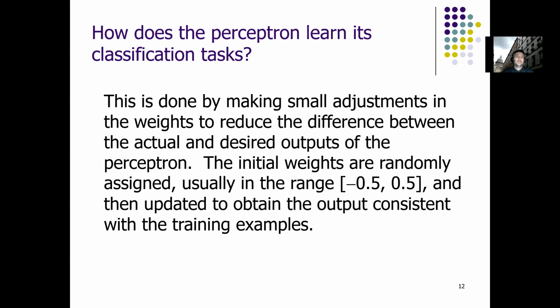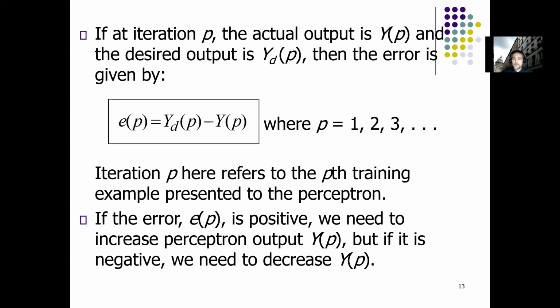So the whole idea of the perceptron, of this simple model, is to learn from the data, and this is achieved by making small adjustments to the weights. The weights are initialized in the beginning to values in an interval, say minus 0.5 to plus 0.5, and then small modifications are made to make adjustments. The modifications are based on the idea of the error.